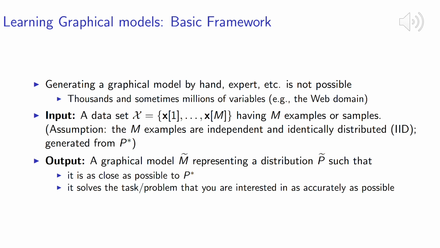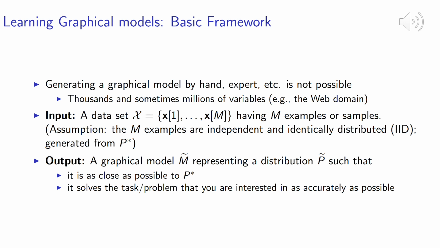One important assumption that we are going to make in order to set up our learning problem is that the examples, also called samples, are generated independently and identically from a distribution P star. So this is our input and these are the assumptions we are making.